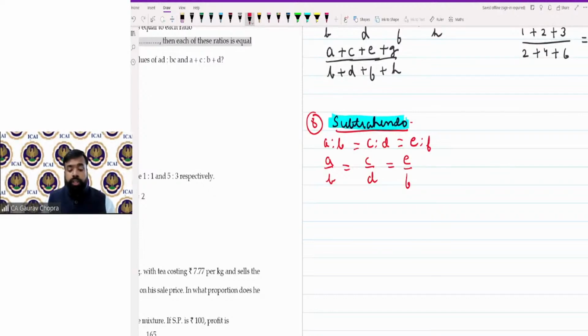Now from the first one, you have to subtract all other numerator values. So from A, you subtract C, subtract E, divided by, from B you subtract D and subtract F. So from one value, you have to subtract all the other values. If we are starting with A, then subtract other values, upon B minus all other values. So the first value will remain positive, the rest all will be negative. This is known as subtrahendo.